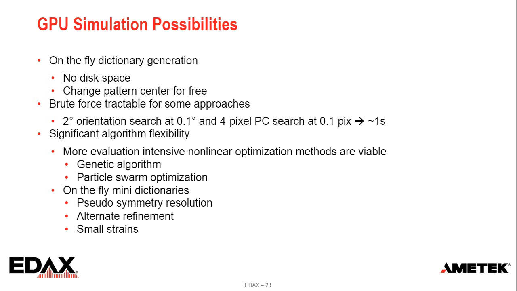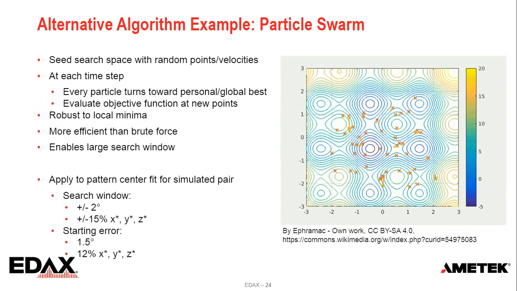So I'm going to show an example with this particle swarm optimization algorithm, which is a pretty commonly used approach. The idea is that instead of just doing a brute force grid or something very parsimonious like BobaQA, you seed your search space with a bunch of random points and then give them each a random velocity.